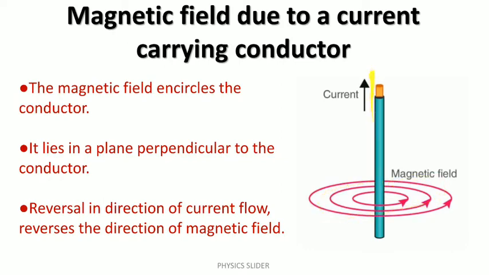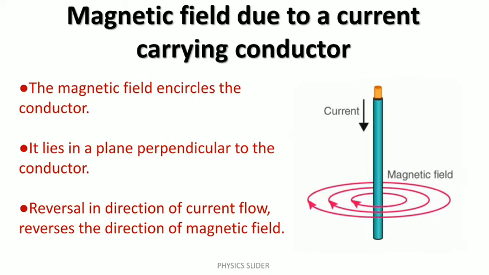When the current is upward, the magnetic field is like this, anti-clockwise. But when the current is downward, the direction of the magnetic field is this, means clockwise. So the reversal in direction of current flow reverses the direction of magnetic field.